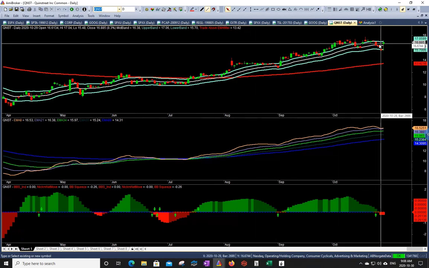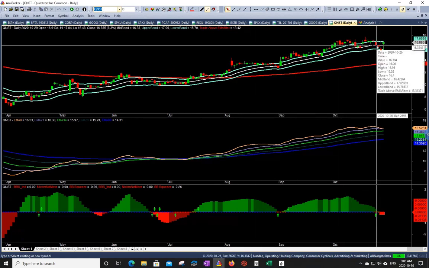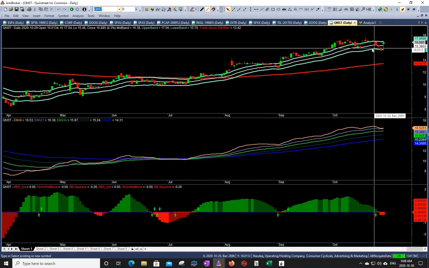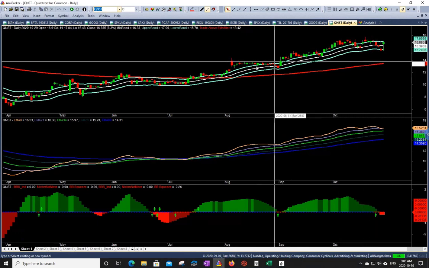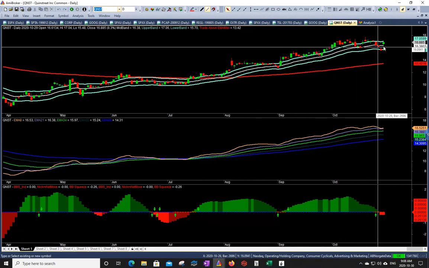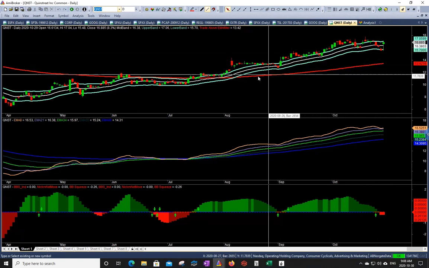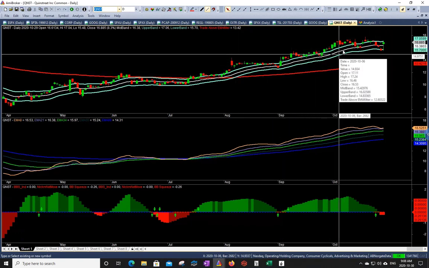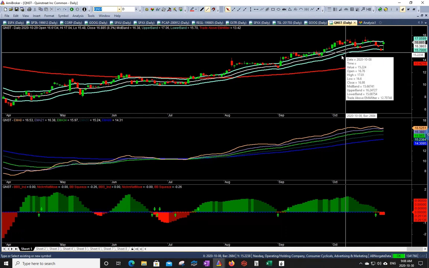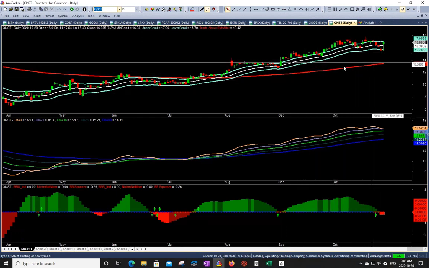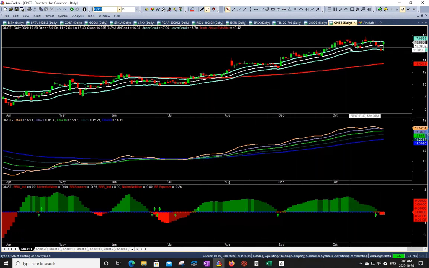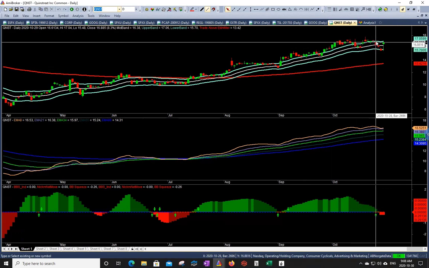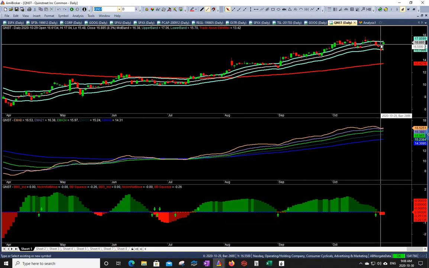You can see here, QNST is up about 4.3%. The way this strategy works is you've got some moving averages here, and you've got a channel, and then a main moving average. Within this channel, the stock has to be between the upper and lower band in order to be a candidate.